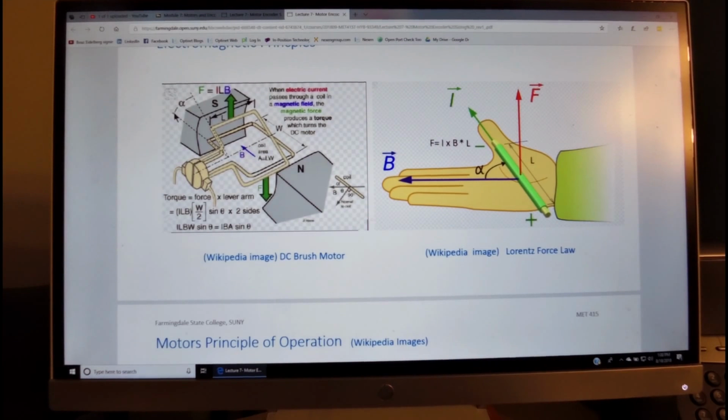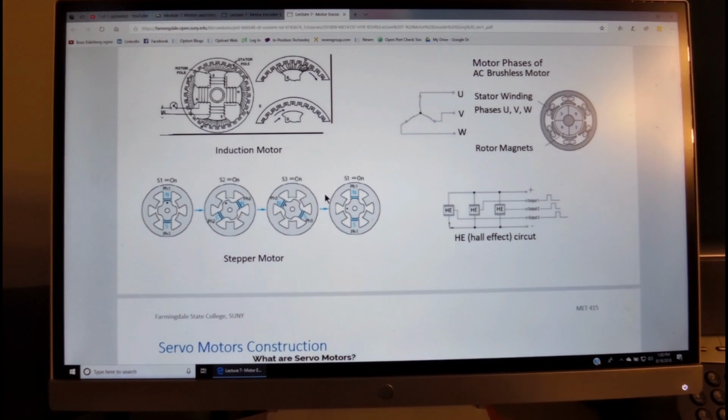Sine theta is the complement of alpha, the angle of rotation of this coil. So the lever arm will be L times sine theta, from here to here. This is one side, and it has to be multiplied by the second side, and the total sum gives us the torque of this motor.